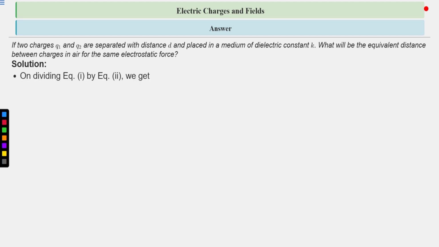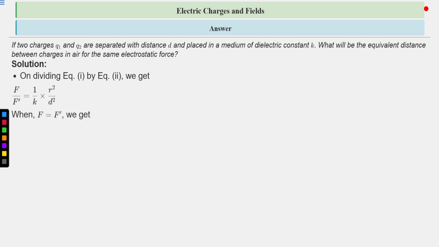Now on dividing equation 1 by equation 2, we get F by F prime is equal to 1 by K, dielectric constant, into R square by D square. Now we have to find R here, and we have been given the condition that the electrostatic force is the same as in case 1. So for the same electrostatic force, F and F dash should be the same.